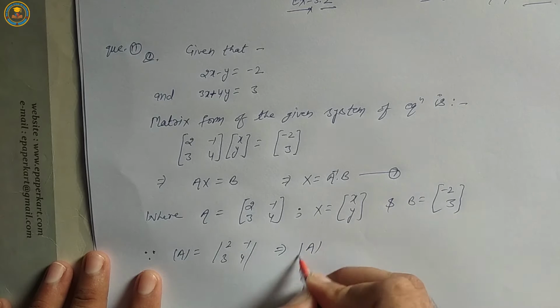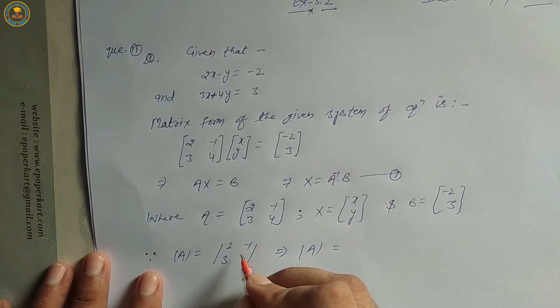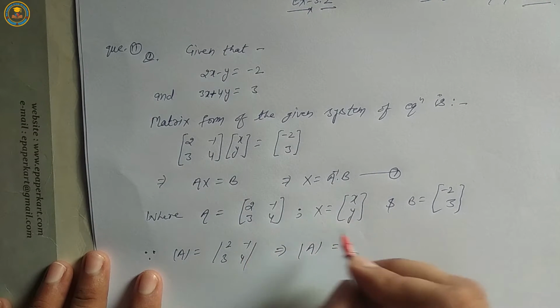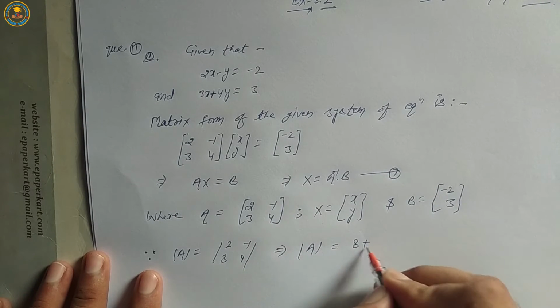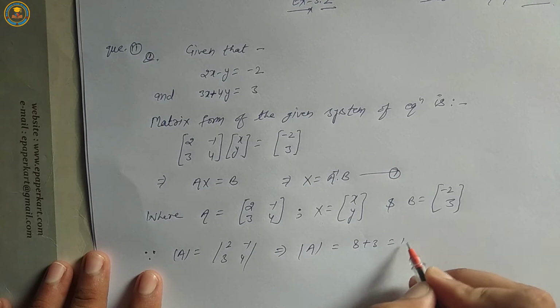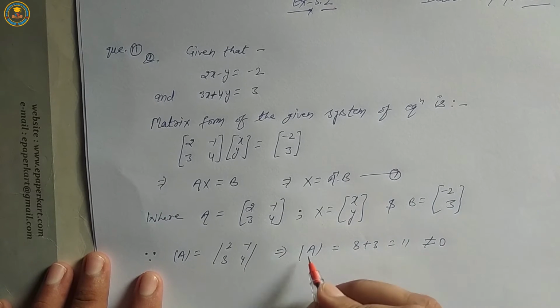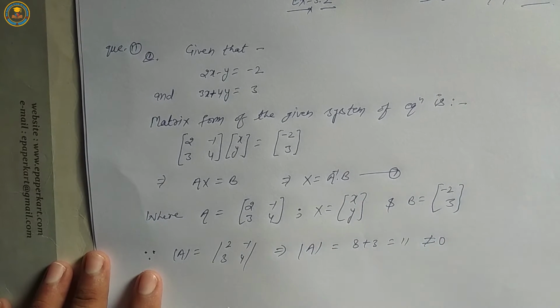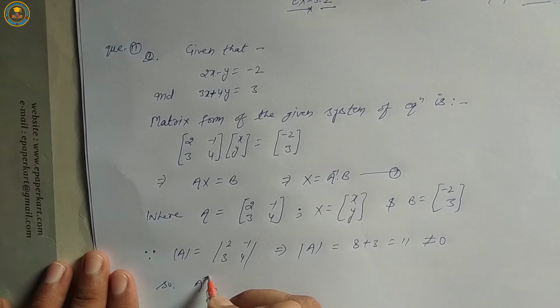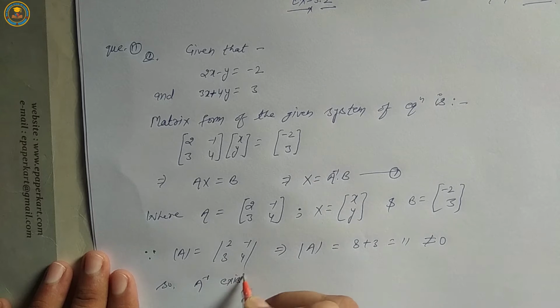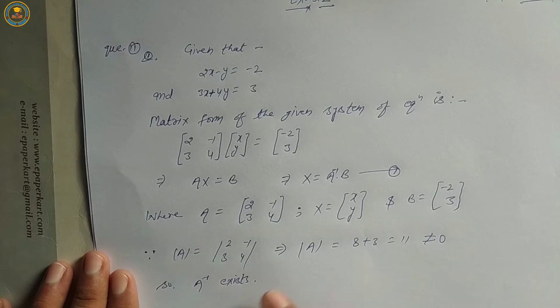Implies determinant A is equal to 4 into 2 minus 3 into 1, minus 3, it means plus 3, is equal to 11, not equal to 0. Determinant A not equal to 0, so A inverse exists.